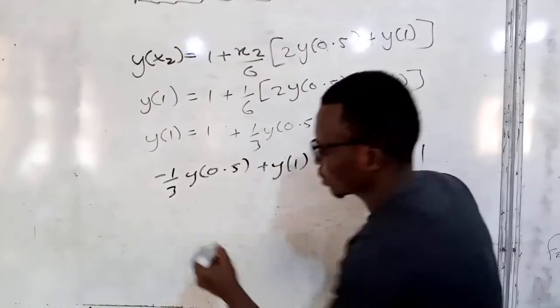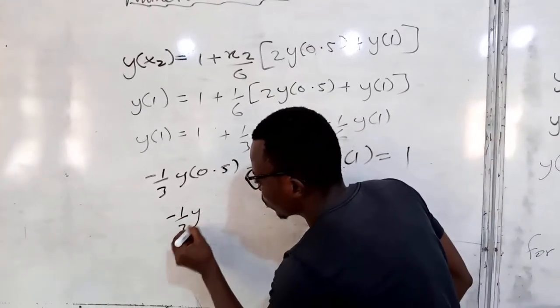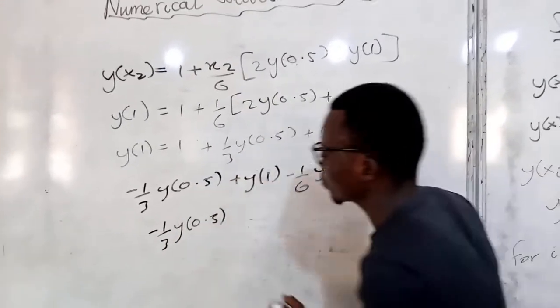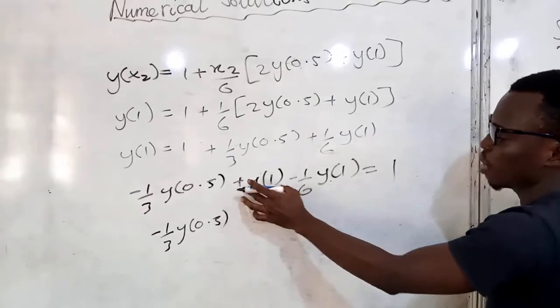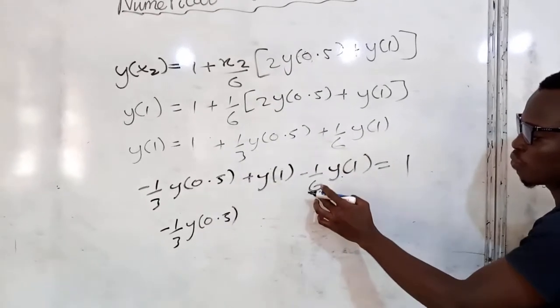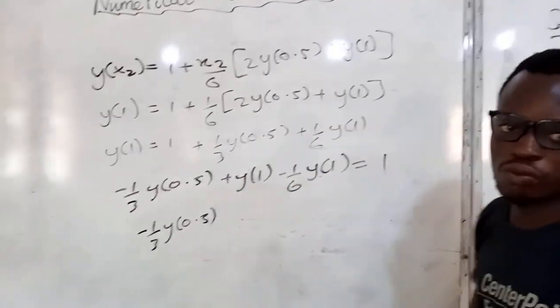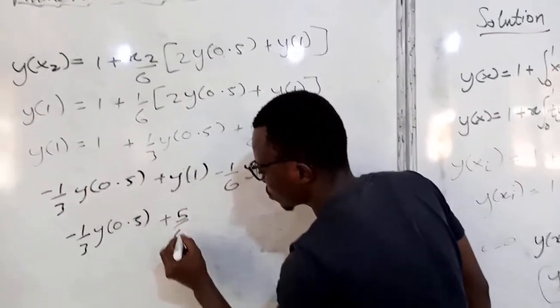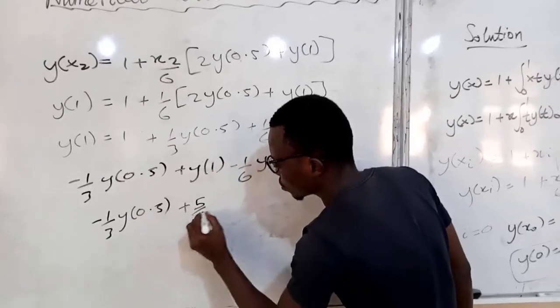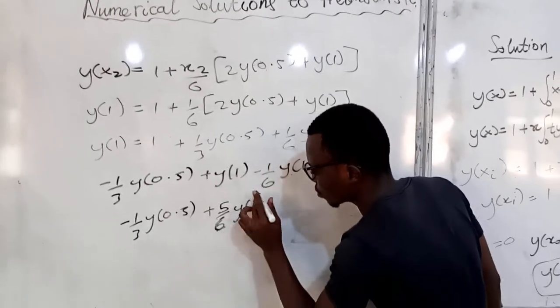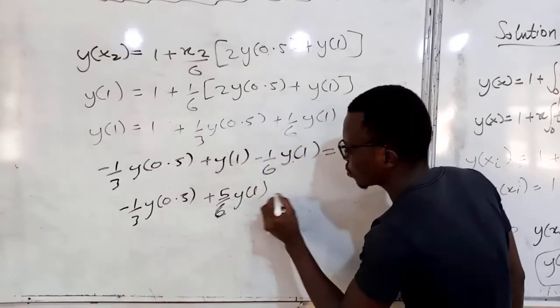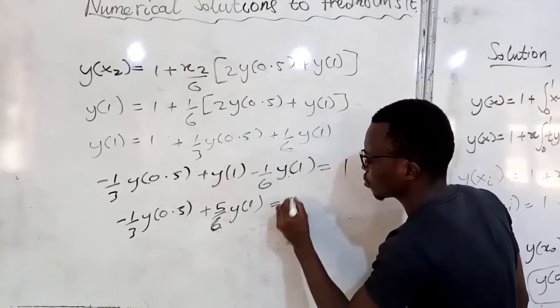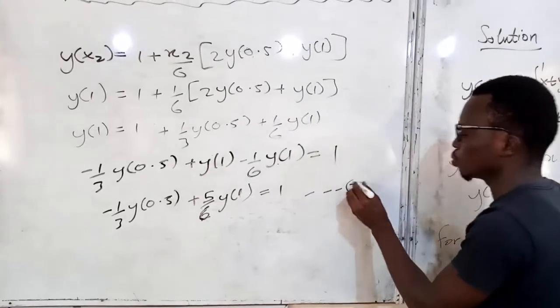So this is the same as minus 1 out of 3 y of 0.5, then y1 minus 1 out of 6 y1 becomes 5 out of 6 y1. And let's name this as our equation 2.